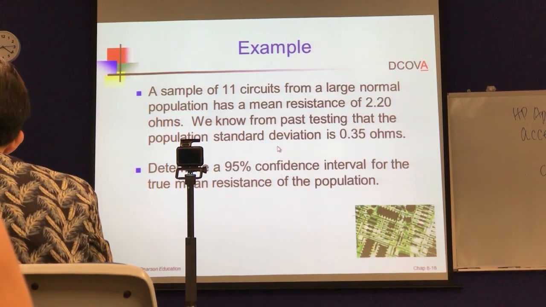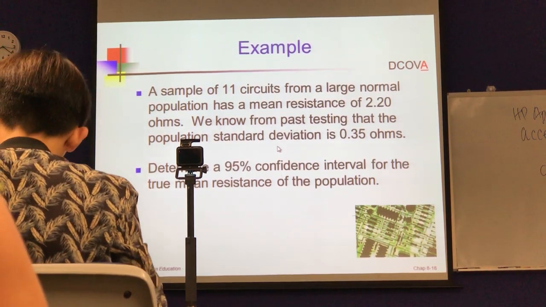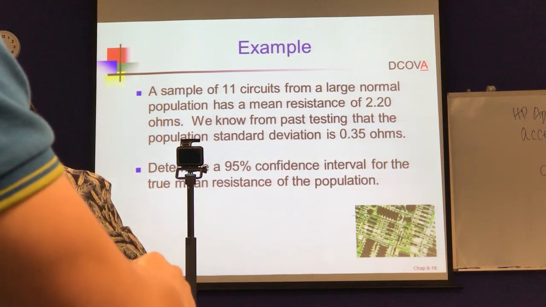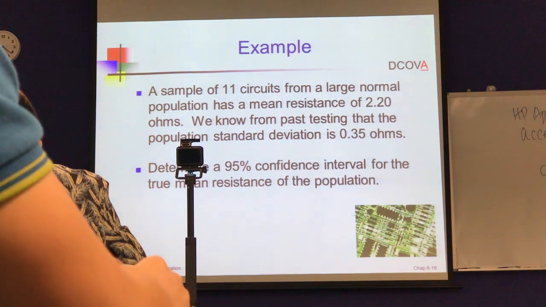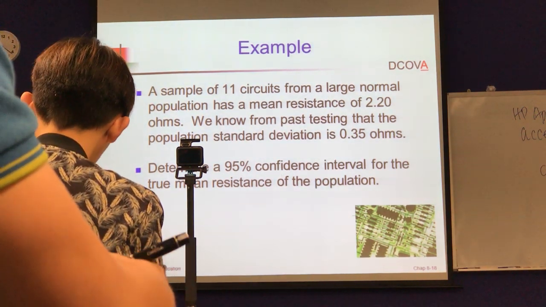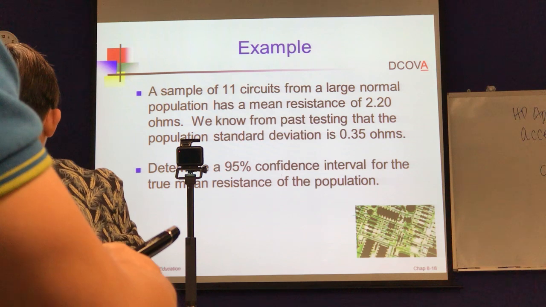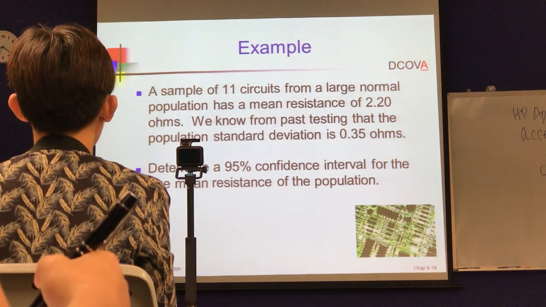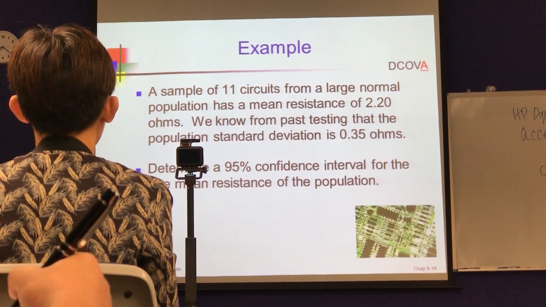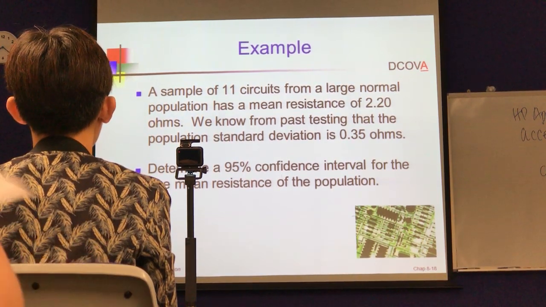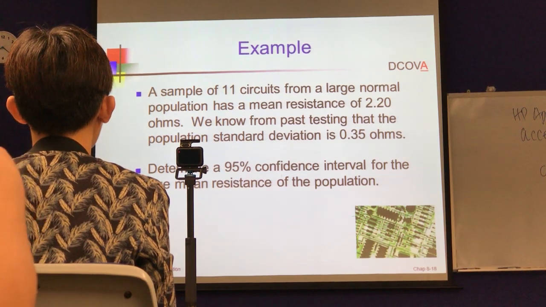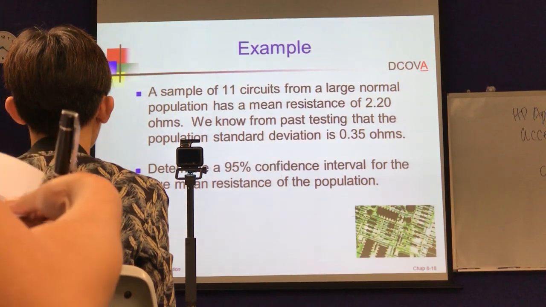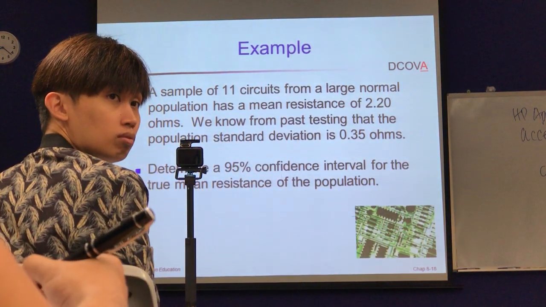Let's look at one example here. Take a few seconds and try to look at this one. A sample of 11 circuits from a large normal population has a mean resistance of 2.2 ohms.